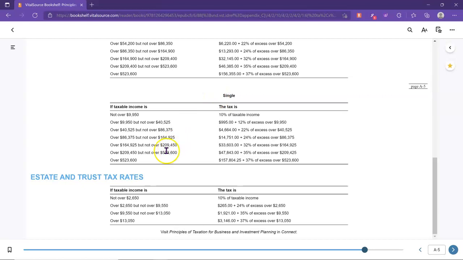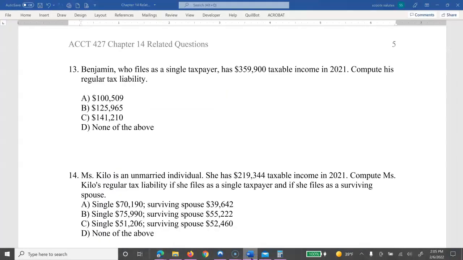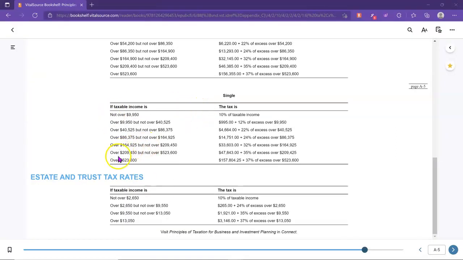So you notice his income, $359,900, comes in the single table and it fits down here in the over $209,425, but not over $523,600 bracket. So our formula is going to start with $47,843.